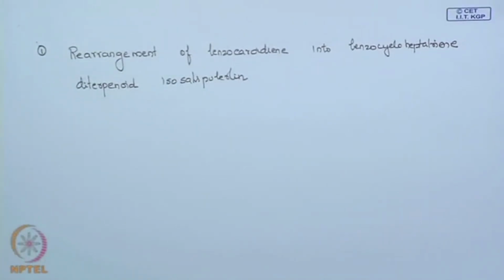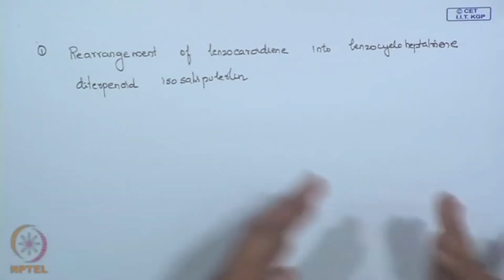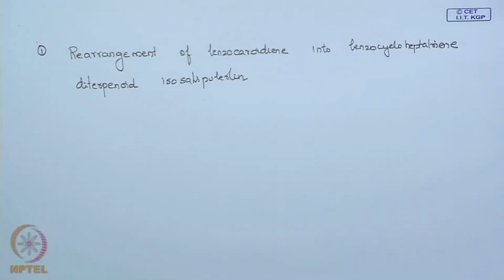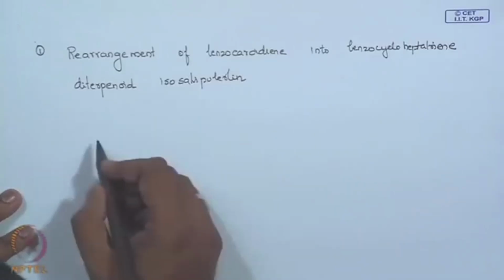So we will see how this benzocaridine is converted into benzocycloheptatriene, involving different types of pericyclic reactions. First we will write the structure of benzocaridine.